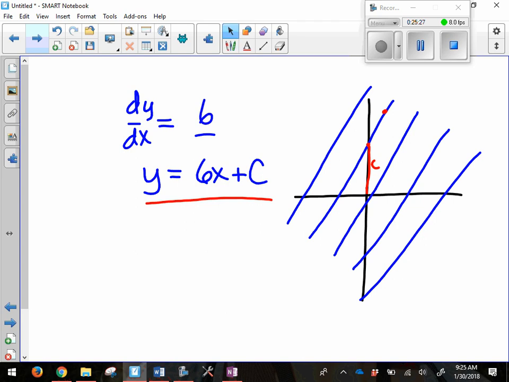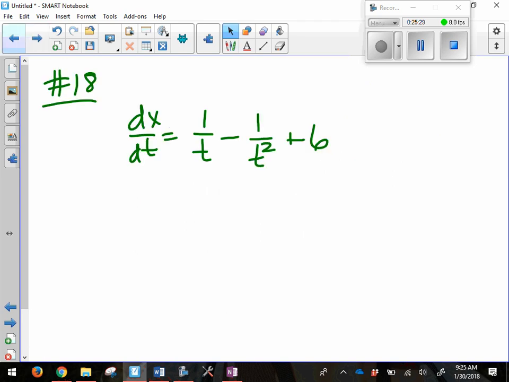So to go back to the problem that we were doing, they not only give me that information, they also tell me that x is equal to 0 when t is equal to 1. So they're giving me a point that's going to enable me to figure out which of the family of solutions is the one that I actually want.